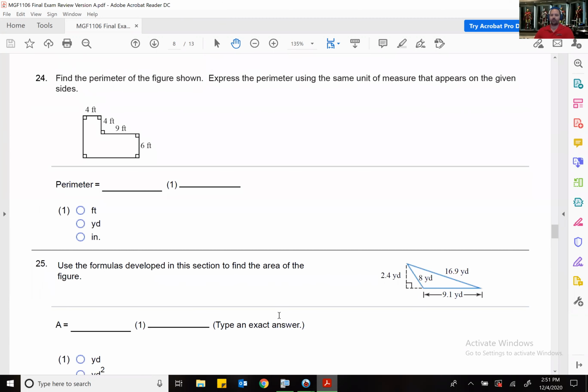All right, getting into perimeter and area and volume now. Number 24, it says, find the perimeter. So we got this shape here.